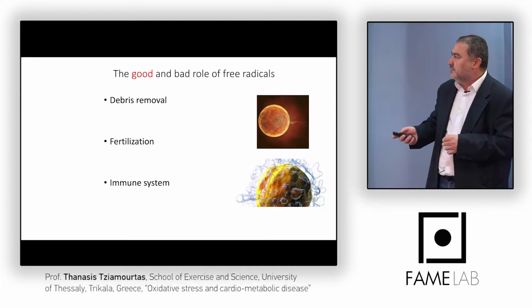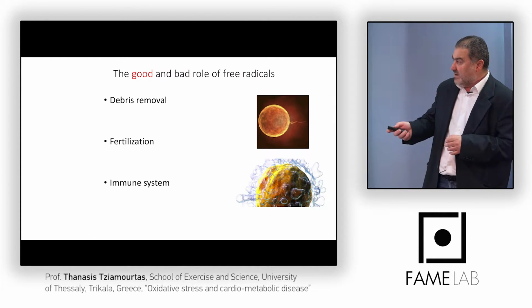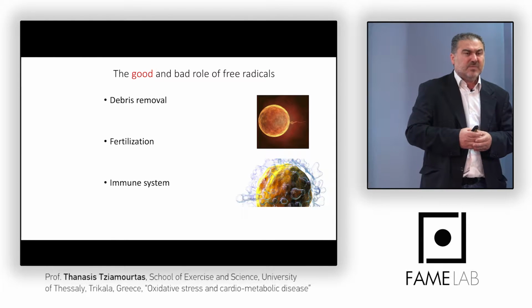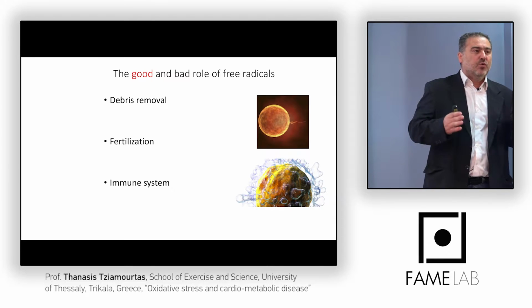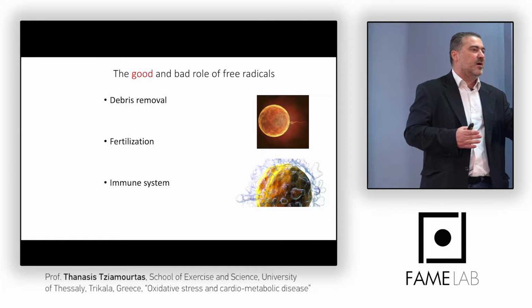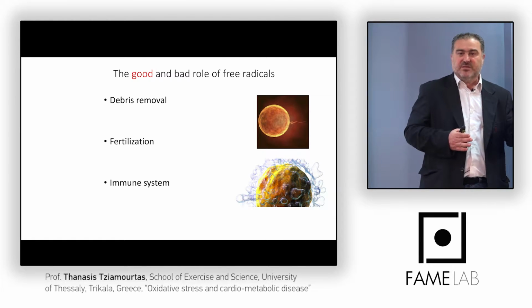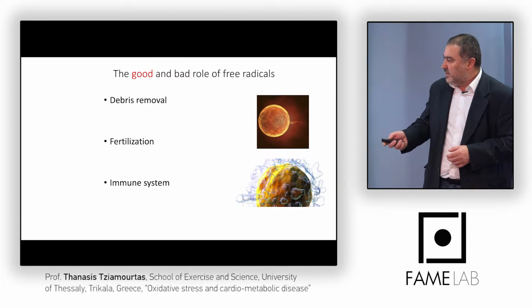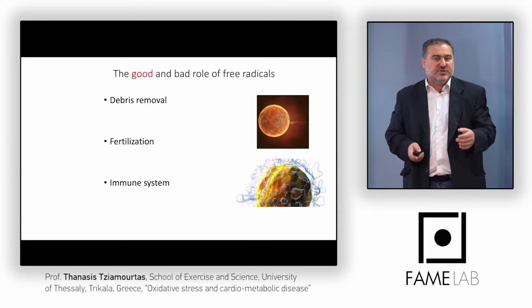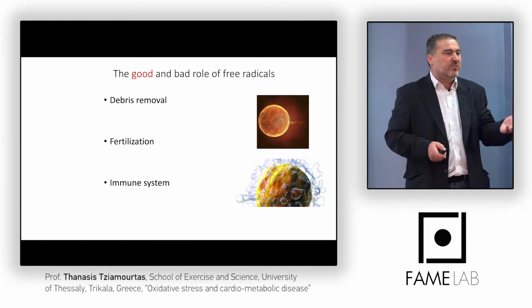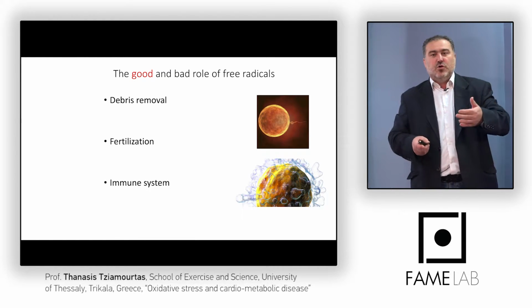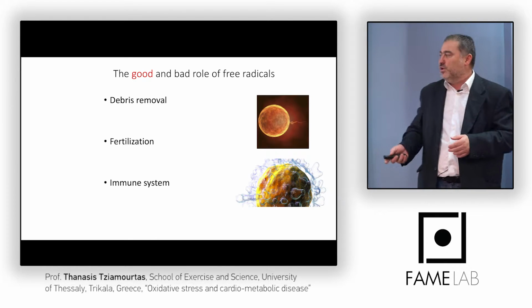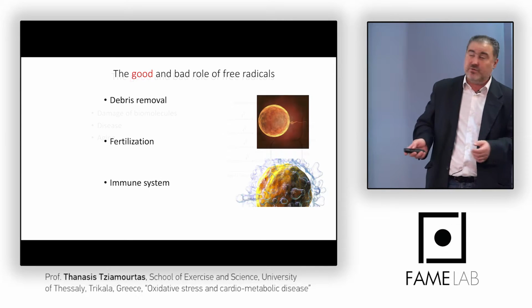And secondly, we have fertilization. We know from the literature again that when low levels of oxidative stress are present, then fertilization can be greater. And thirdly, the immune system. We know, for example, that in order to get rid of different viruses in our body, we use oxidative stress to destroy those.